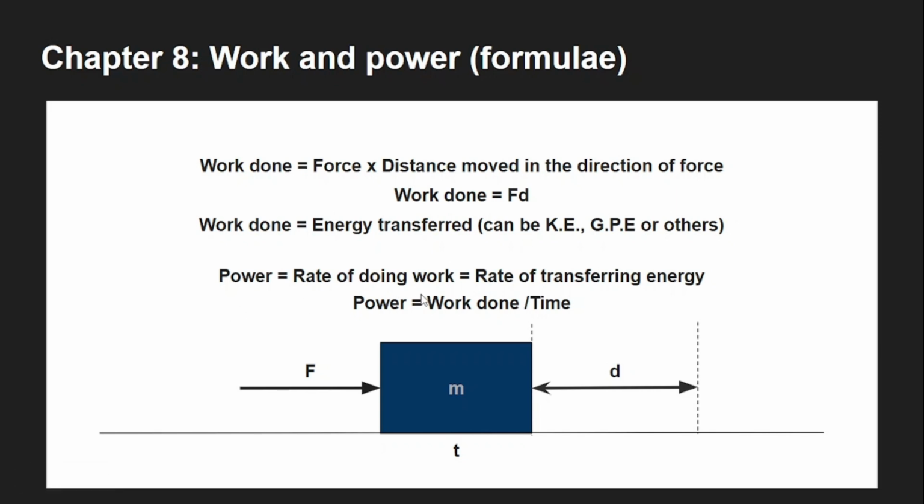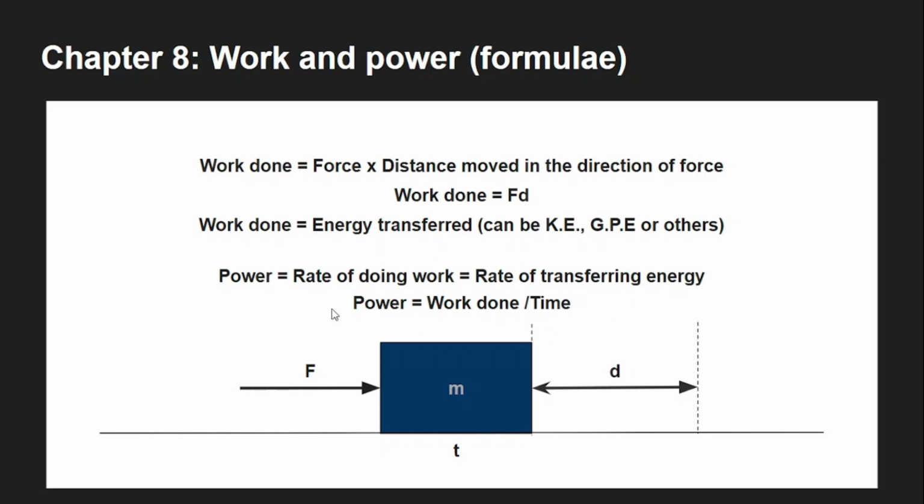Now, power is the rate of doing work or the rate of transferring energy, because work done is an energy transfer. How quickly you do it will determine the power. So power is work done per unit of time, or energy transfer per unit of time.